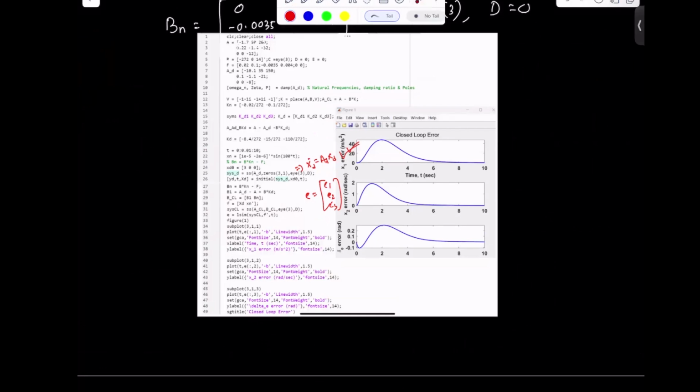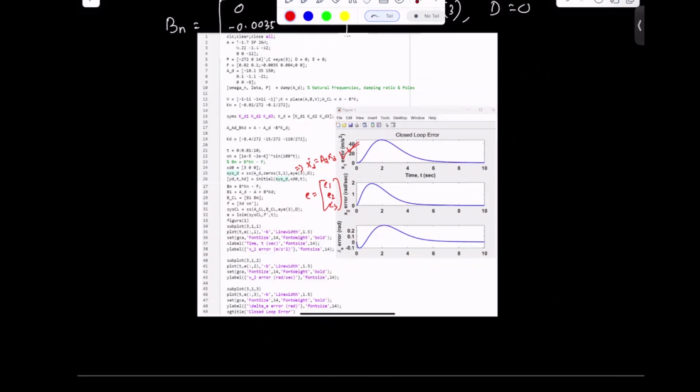If you notice from the response, as time proceeds the response is going to 0. After 10 seconds it converges to 0. So we can say that the effect of noise is not that significant.